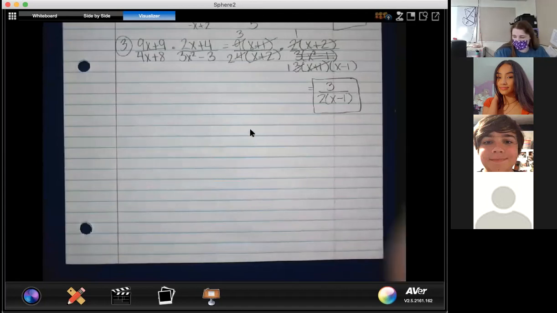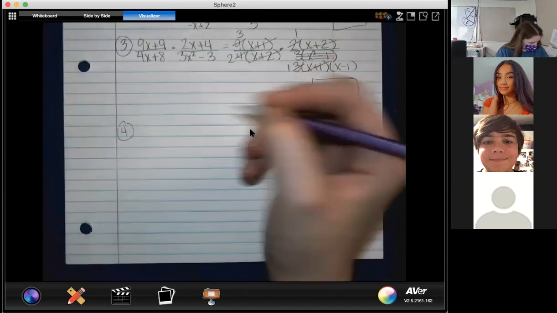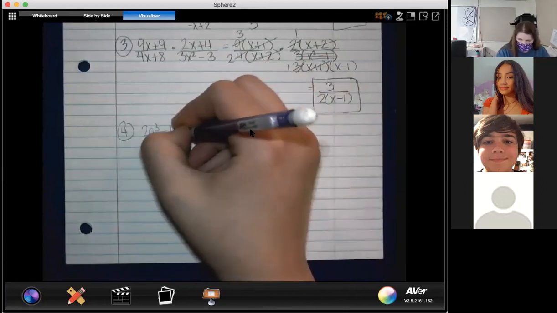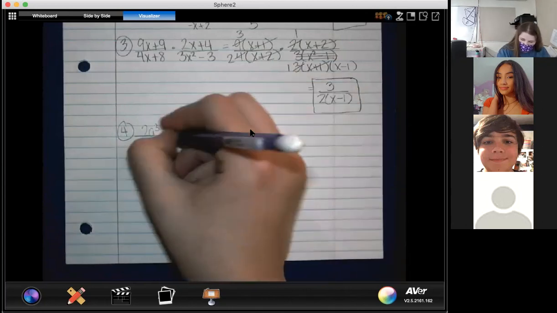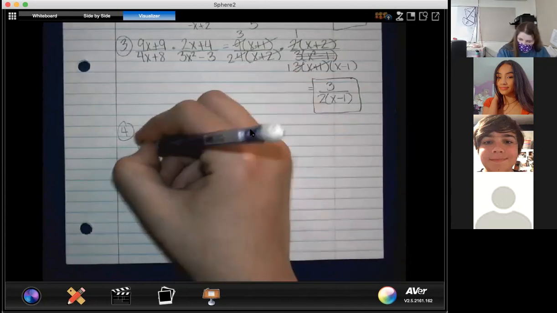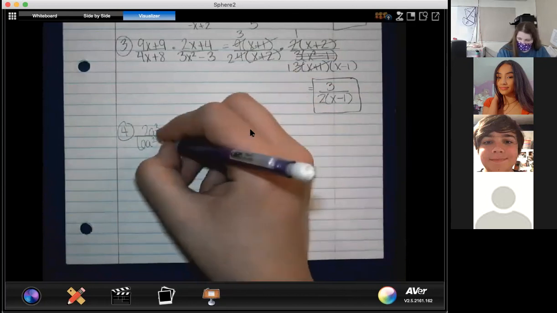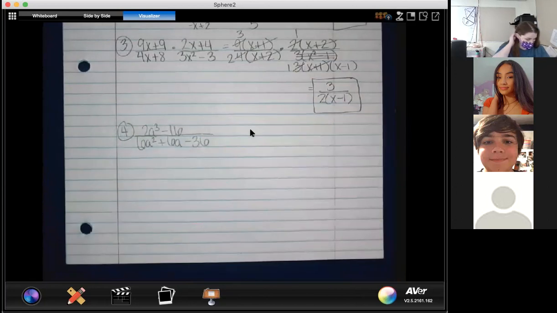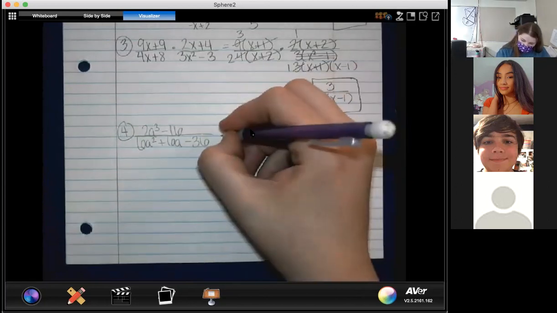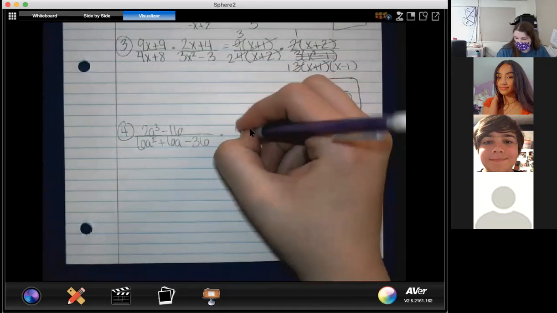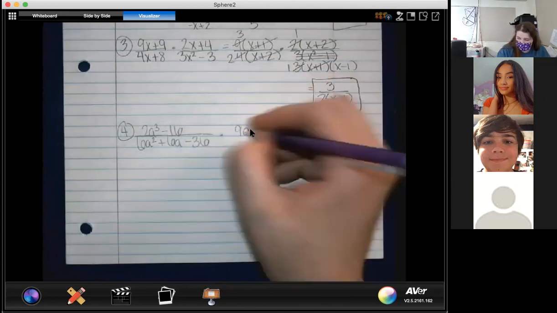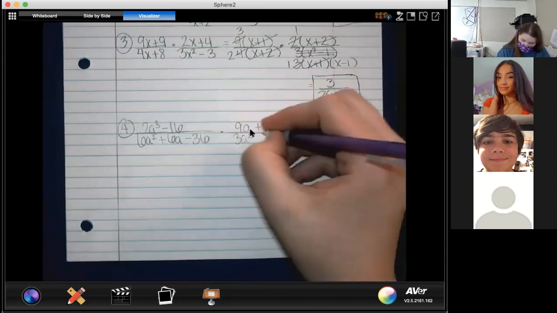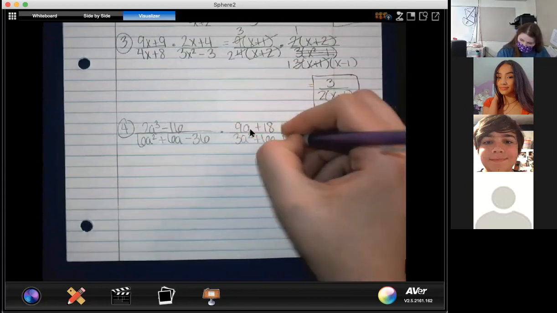Okay, let's look at number 4, a multiplying question. 2a cubed minus 16 divided by 6a squared plus 6a minus 36, times 9a plus 18 divided by 3a squared plus 6a plus 12.